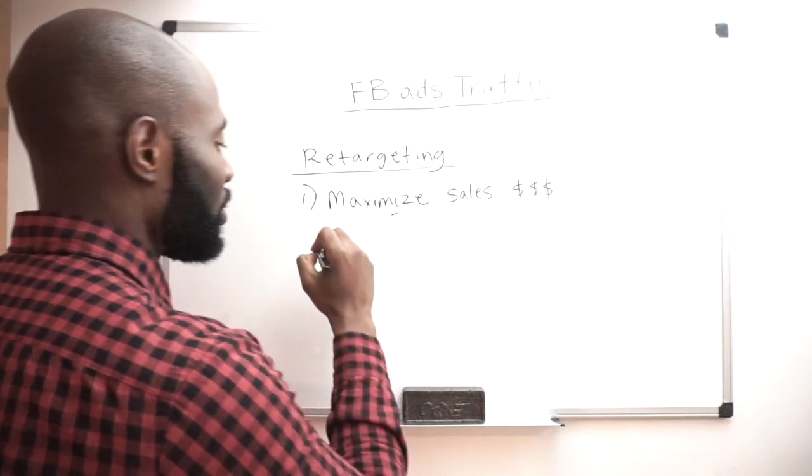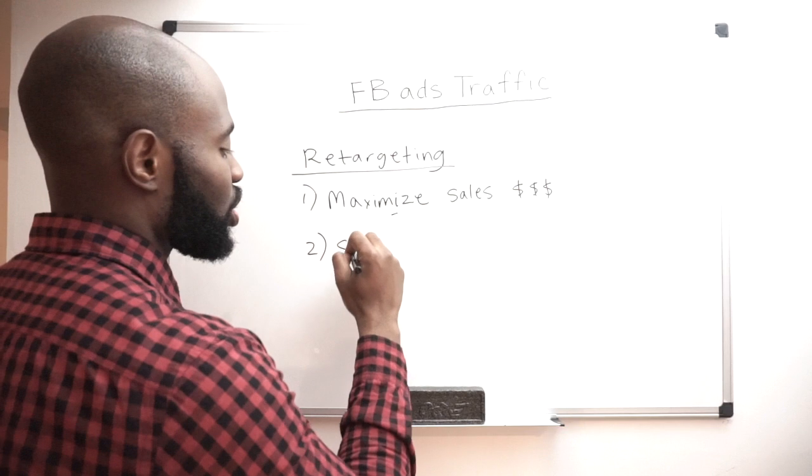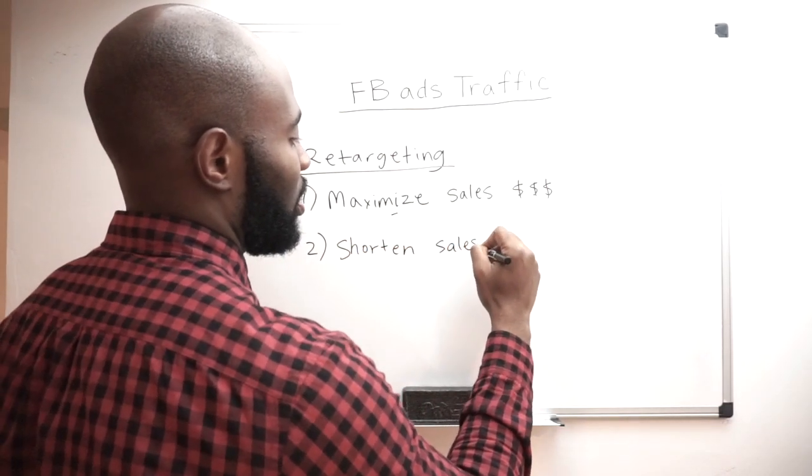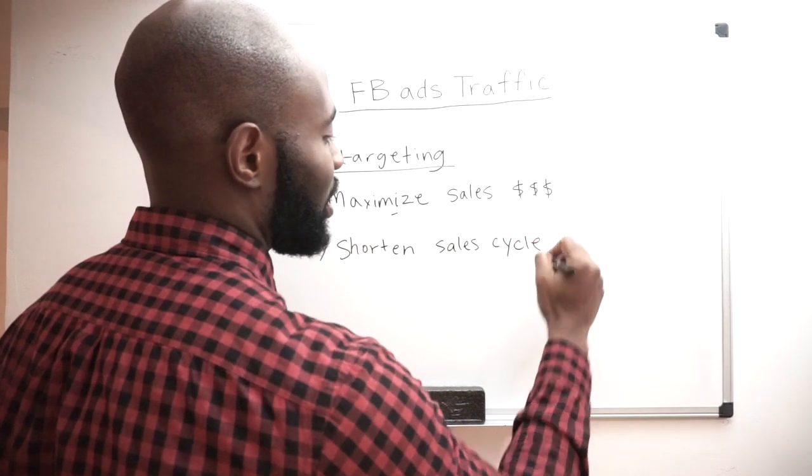The second thing retargeting helps you do is shorten what is called the sales cycle. Everybody's sales cycle is different, and I need you to understand this. With this course, I can't speak specifically on everybody's particular business model and niche, because there are so many different ones out there.